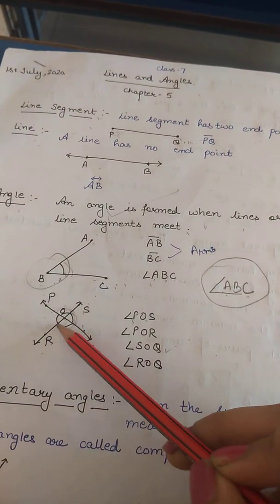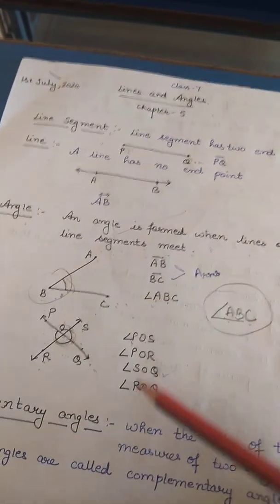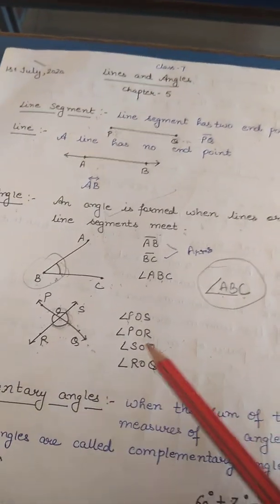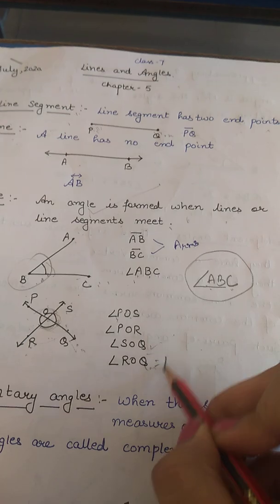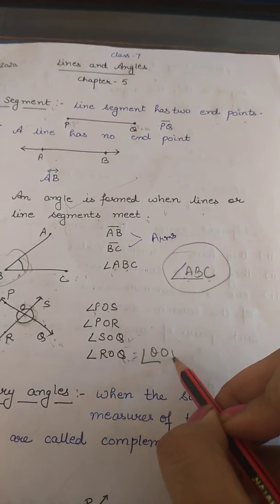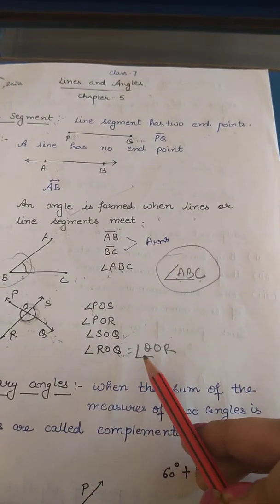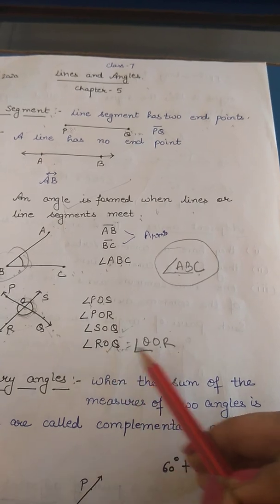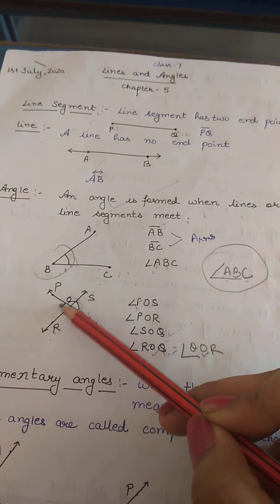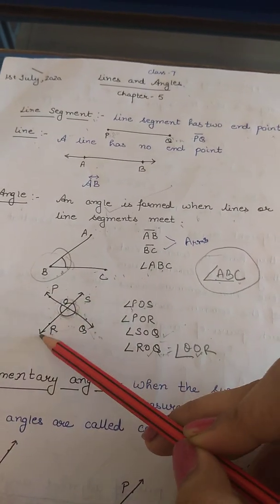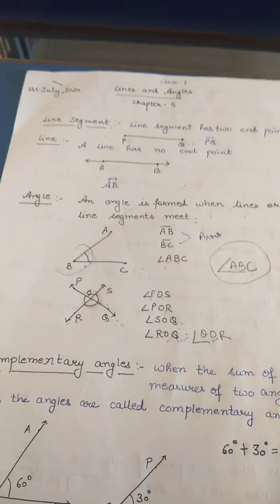How can you write this angle? You can write this angle as ROQ. Like this. Also, you can write QOR. It's one and the same thing. You can also write ROQ as QOR, because O is always in between the two points. Now again you can write this angle as POR, with the angle sign. So this is the definition of angles.